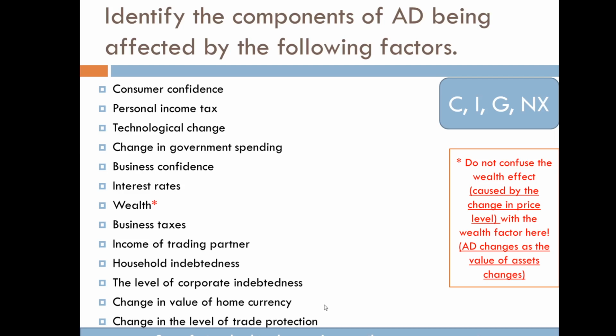Very good. But what about trade protection? If there's a change in the level of trade protection, which one will be affected? Also NX. So think about this, right? When the US, well, possibly G. Can you explain that, Andrew? Oh, tariffs.